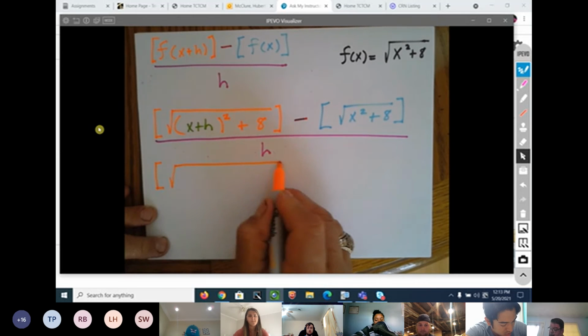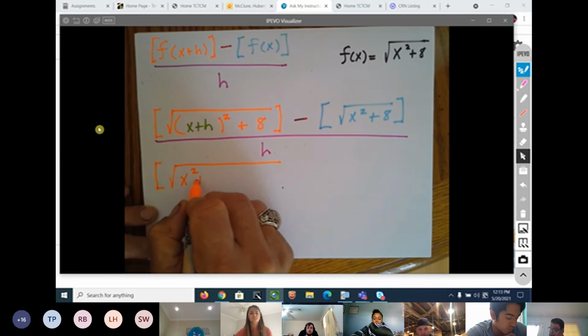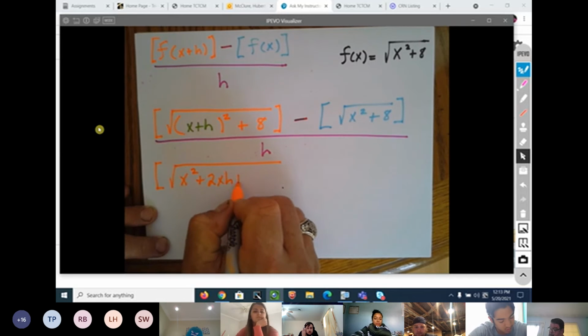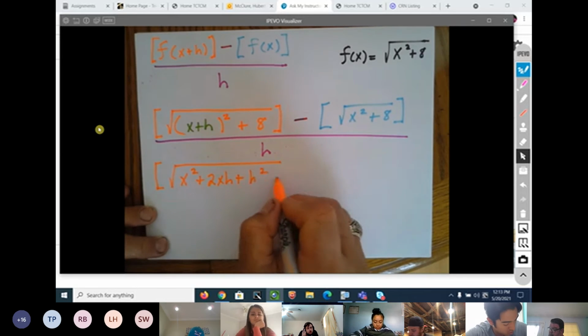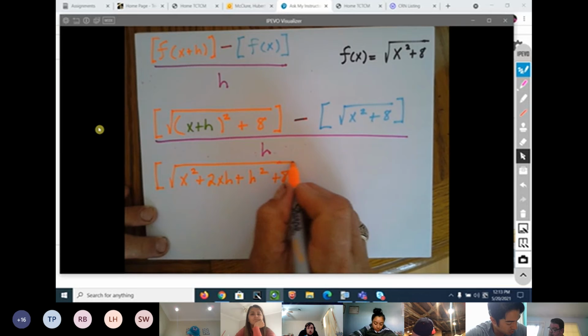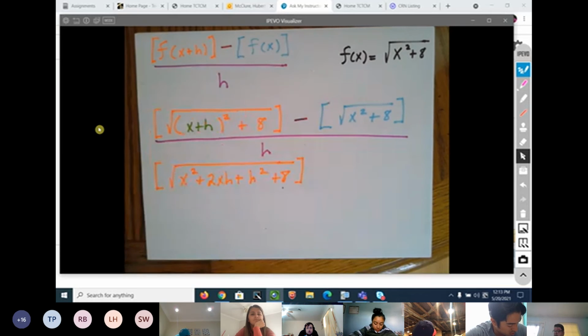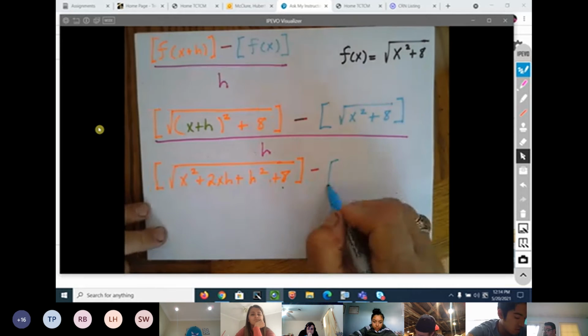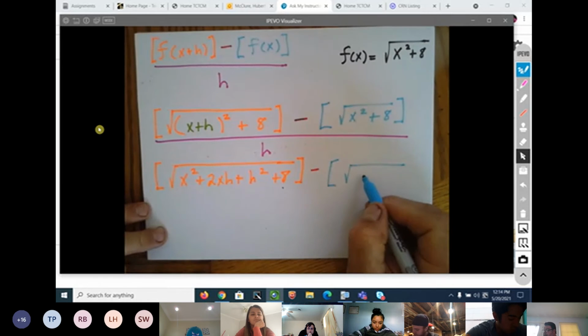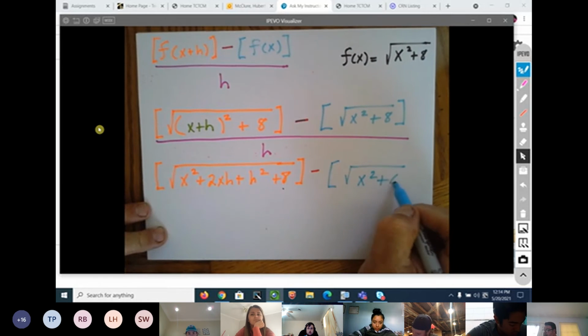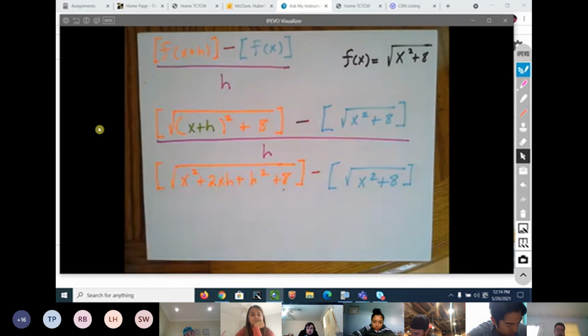The square root of x squared plus 2xh plus h squared plus 8, minus, brackets, the square root of x squared plus 8, all over h.